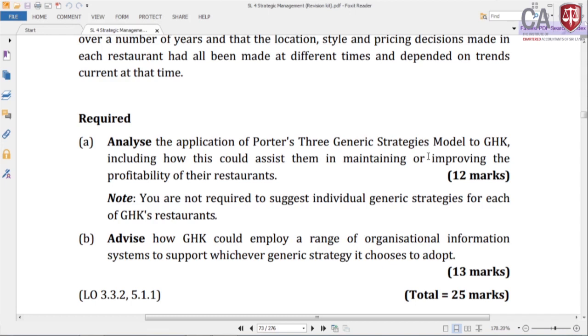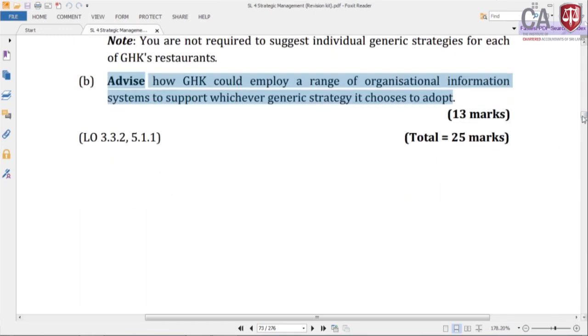Those are some of the possible options, right? But I don't think the examiner will test this type of question from you, since we are not discussing information systems much in our syllabus. Anyway, we will look at the answer related to this also.